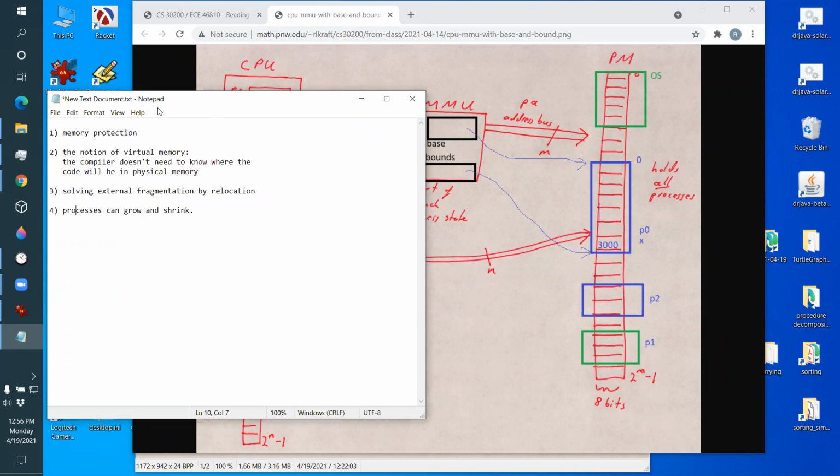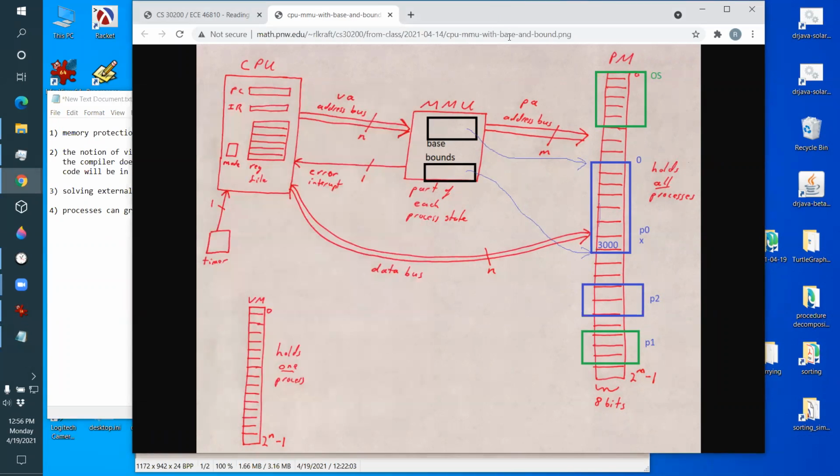It makes things much easier for writing compilers and other tools. Another tool besides the compiler is what's called the loader, the thing that puts your program in memory. When you double click on an EXE and you want to run a program, somebody has to copy the program into memory. That's a part of the operating system called the loader.